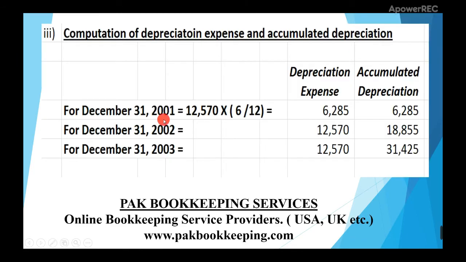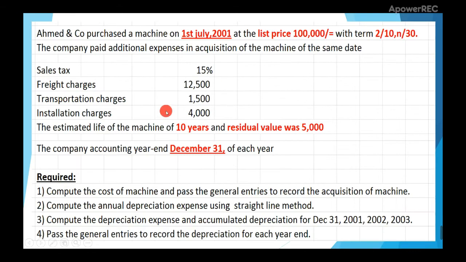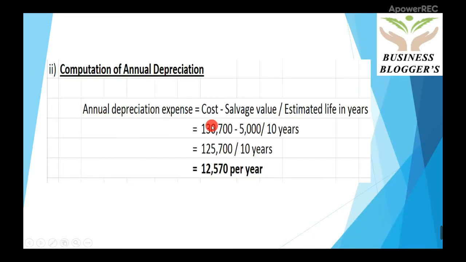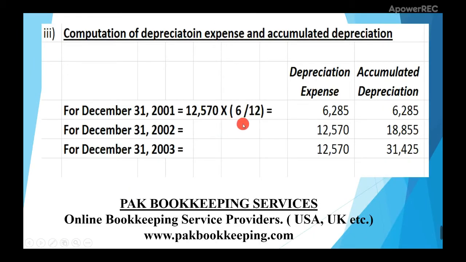That's why we calculate depreciation in 2001 for only 6 months, right? In 2002 and 2003, the depreciation expense is the same because the straight line method tells that the depreciation expense is the same in all years.